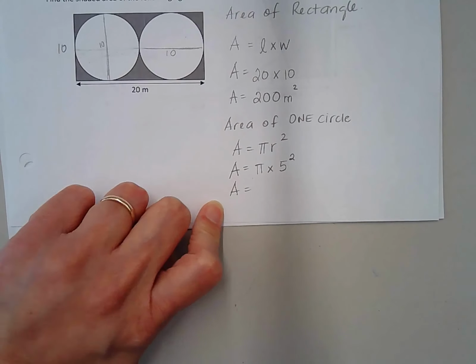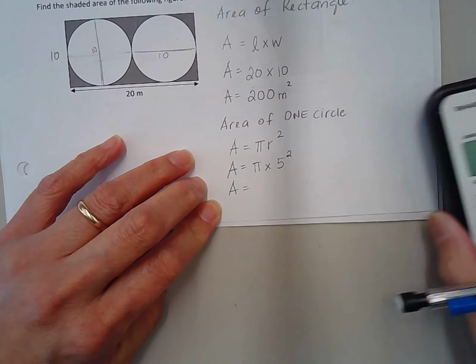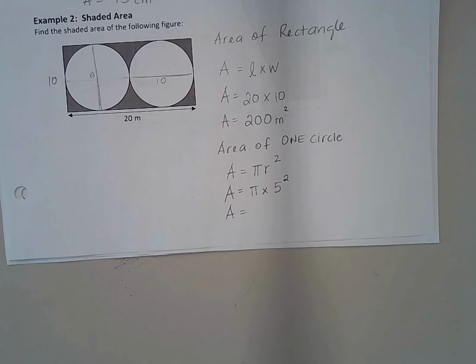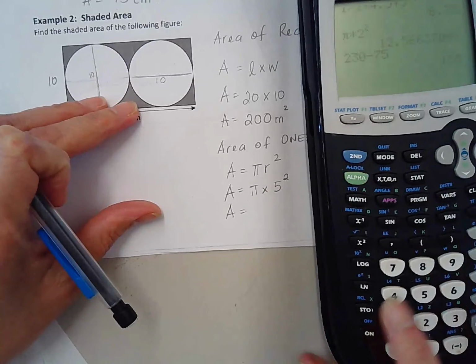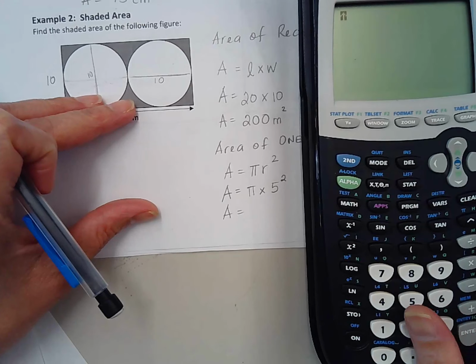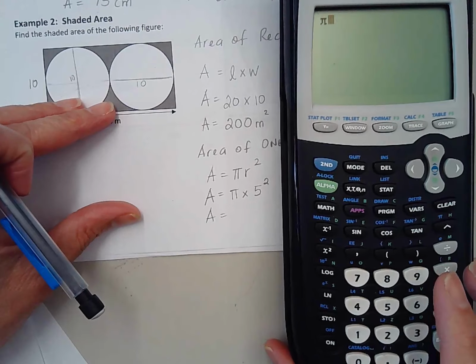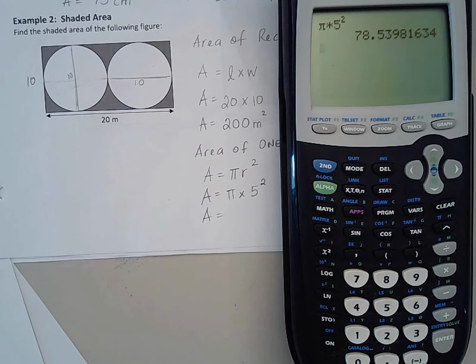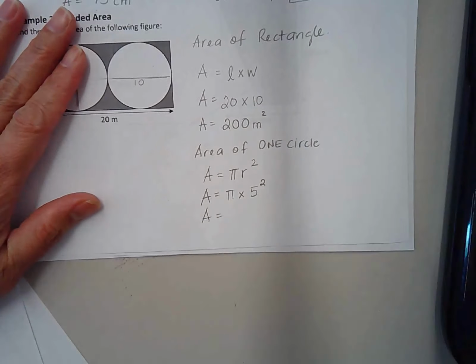Pi times 25, we get 70 something, 78.54.